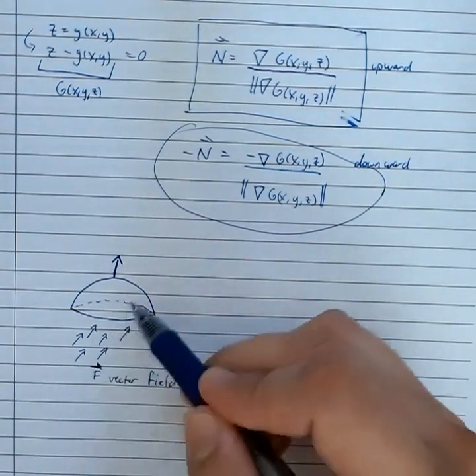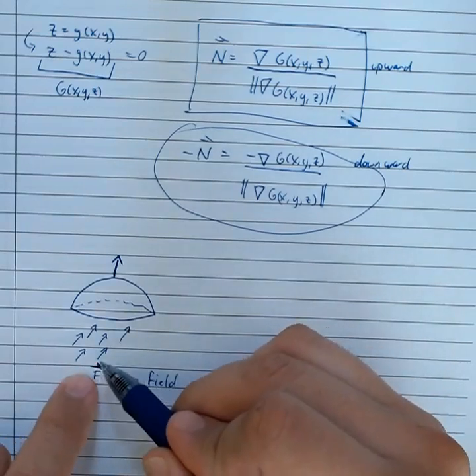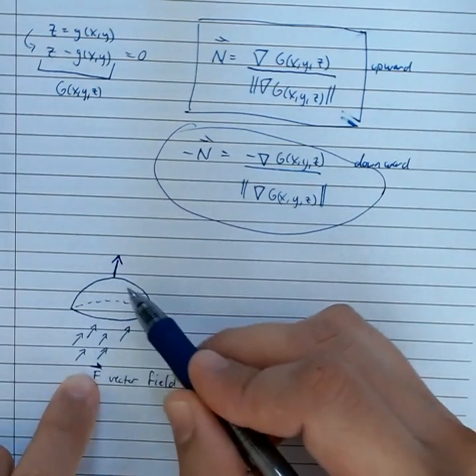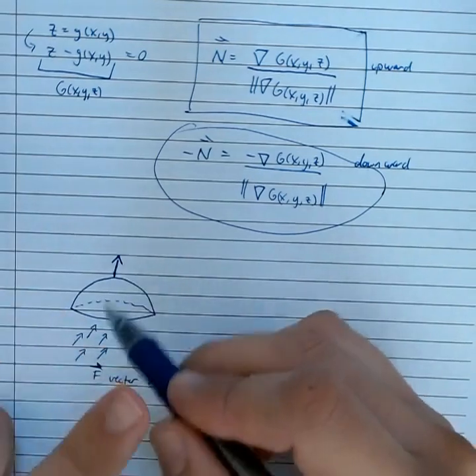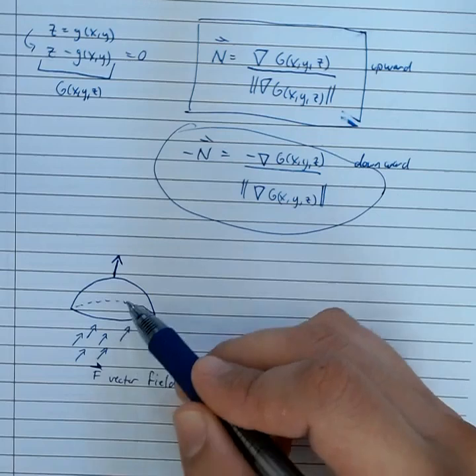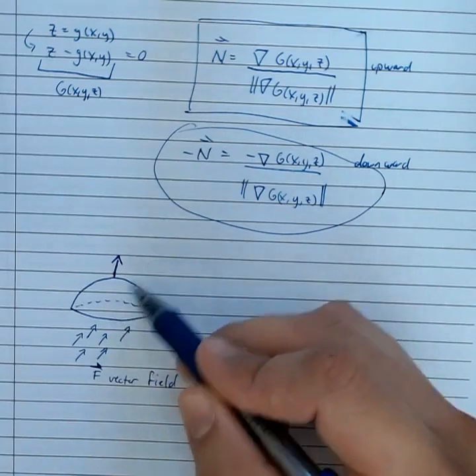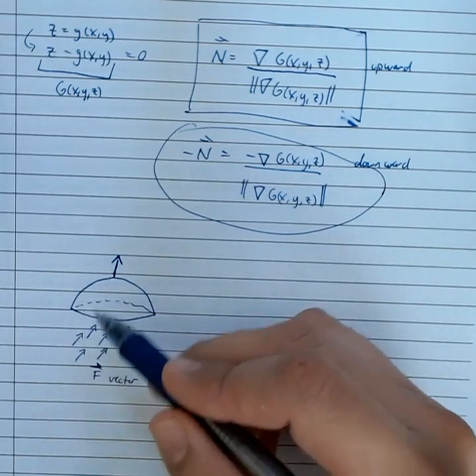Right? For this example, it seems pretty obvious, but what happens if I had a vector field where things were rotating? What happened if I had a vector field where things were going in every direction? Well, I want to know, okay, what's my net effect? Maybe sometimes things are flowing out, sometimes things are flowing back in, up or down, and what I want to figure out is my net effect.